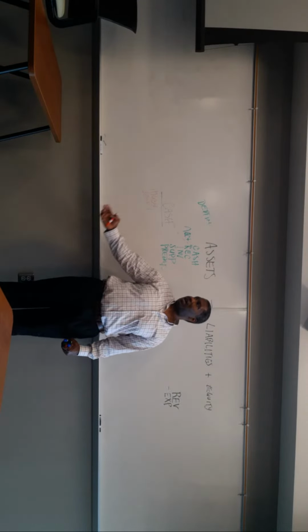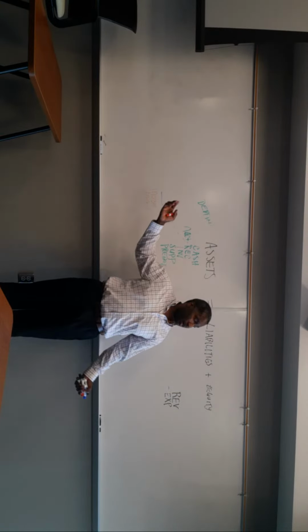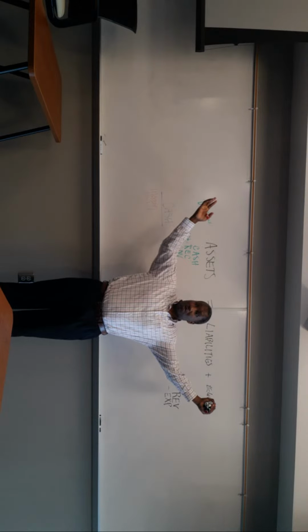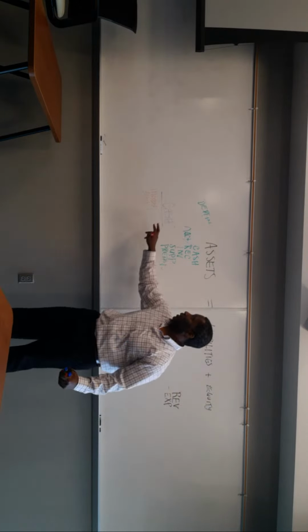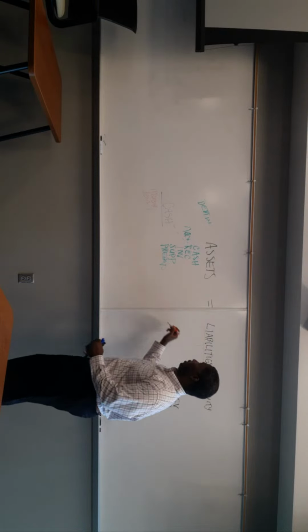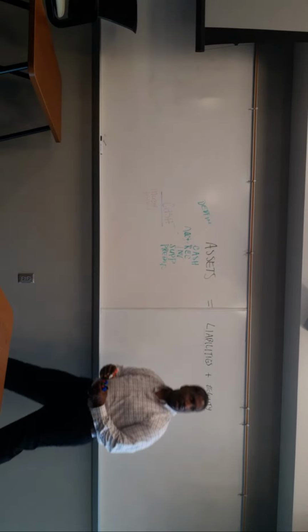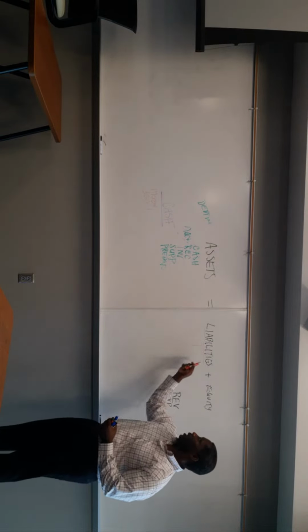If I raise my hand up over here on one side, then I have to raise my hand up here to be equal on the other side. So we take this same concept over here, and we show on this side of the equal sign that assets increase on the left side. So anything on this side over here increases on which side?